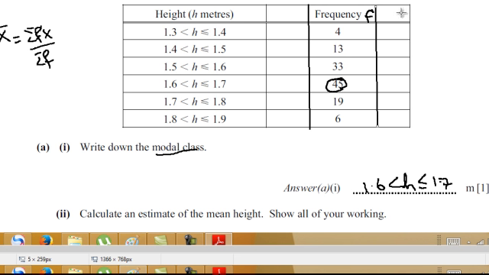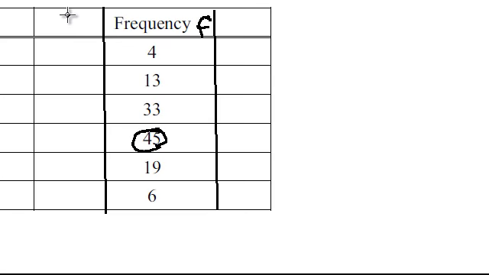So we have 2 columns here. The first column is for x, and this column is for f x.